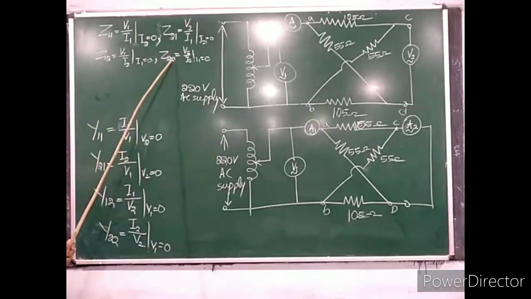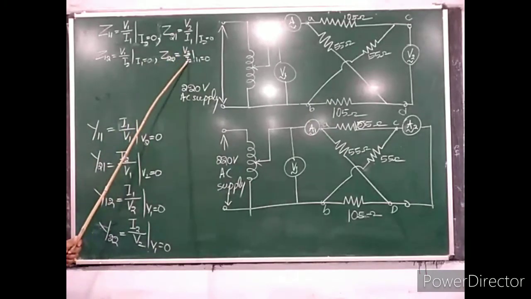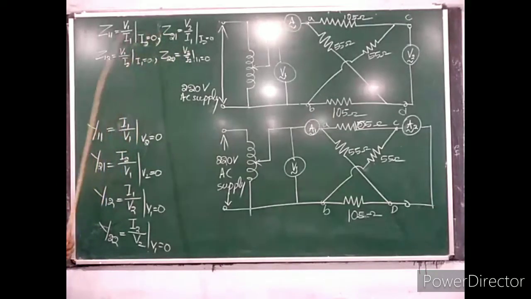Z22 is output voltage by output current, hence the name output driving point impedance. Next, Z12 is input voltage by output current. It is known as the reverse transfer impedance.